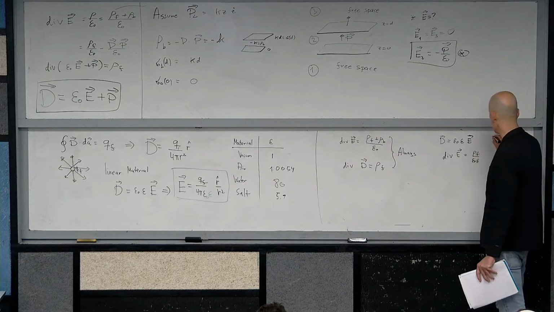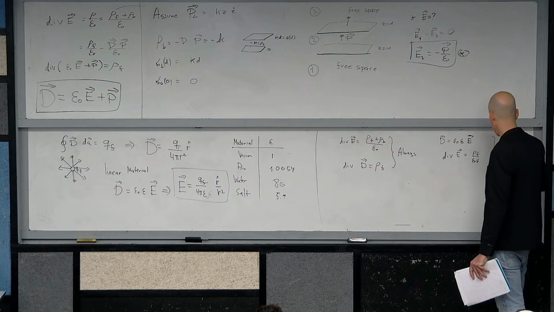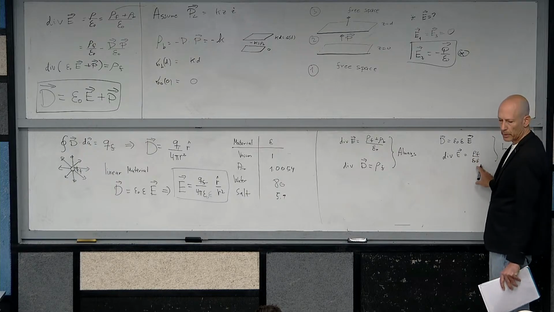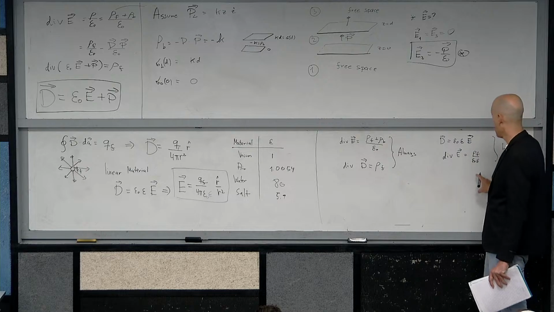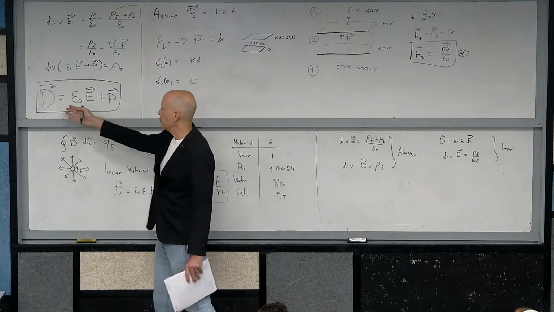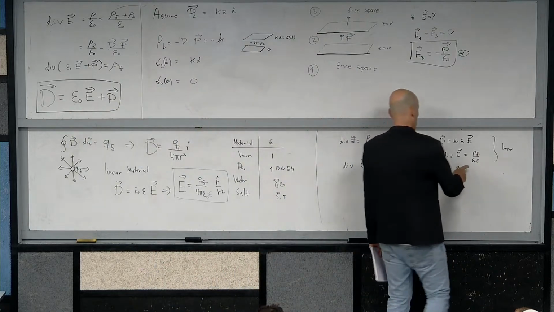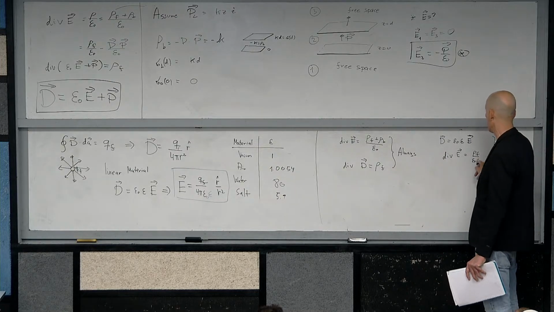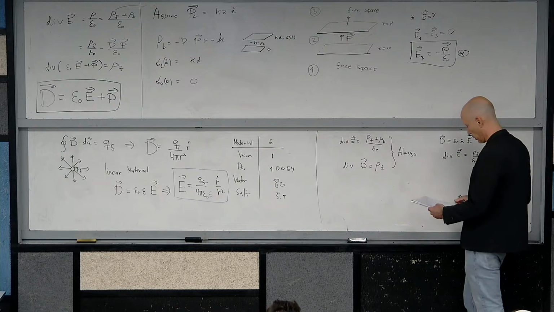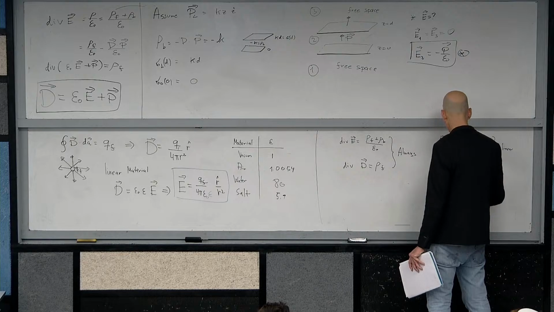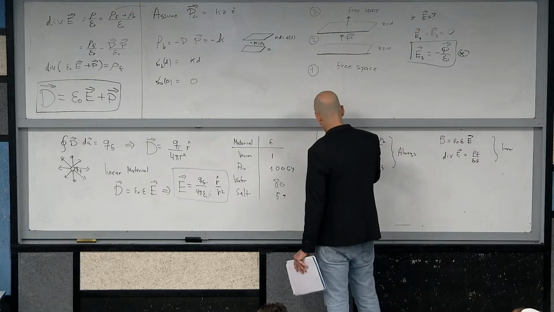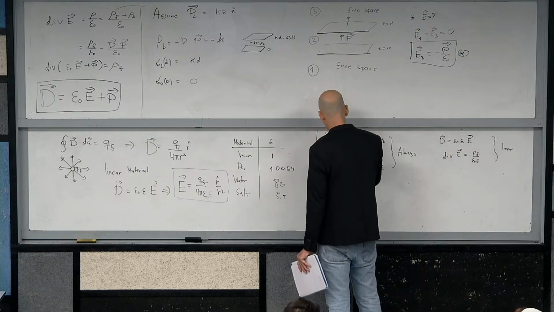Here I'm using the fact that this is only for linear material, which is what I said before, you just need to replace epsilon 0 by epsilon. I use the definition of D and then divide by epsilon 0. Because div D is rho free and E is proportional to D, I just divided here. This is where this equation comes from. But the boundary conditions are not trivial. Many times boundary conditions are not trivial. Okay, so this was a mid-class summary.